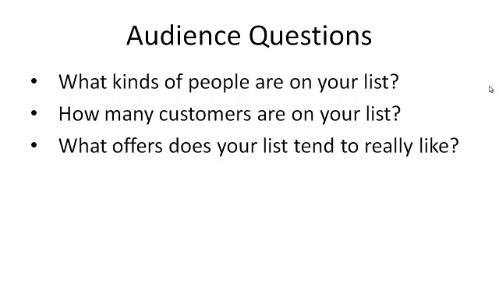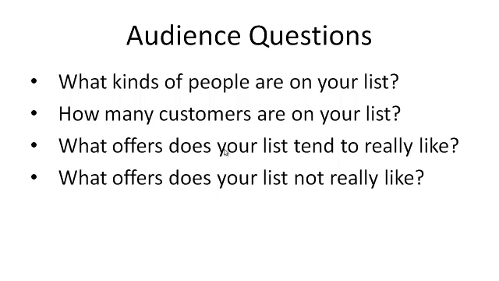What offers does your list tend to really like? That's a good thing to figure out, what kind of niches that list likes, and if it's something similar to yours, then go with it. If it's not, move on to the next person, because not all lists are going to be the same. And of course, on the flip side, what offers does your list not really like?